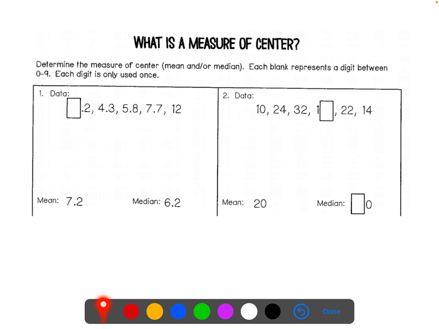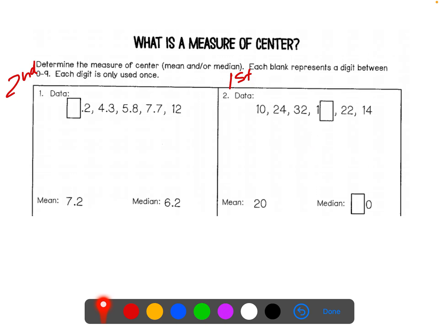Now, I would suggest doing this one first to help you problem solve, and then this one second, or last, really. This is going to be the last missing number. So if I were to start here, since we're given the mean, remember the mean was taking all of this data, combining it together, and then dividing it, sharing it equally into that number of data pieces.